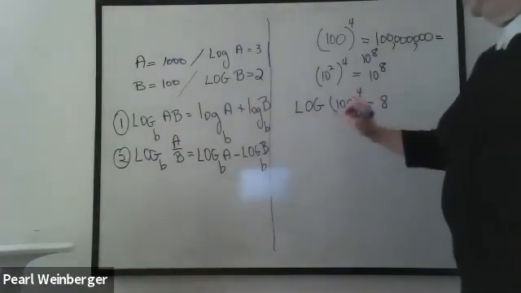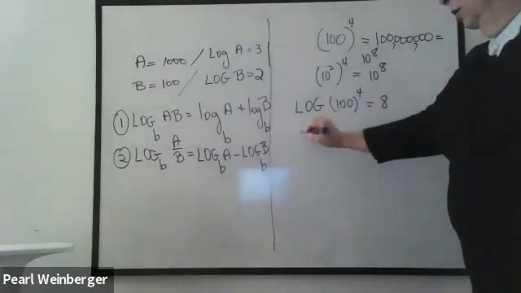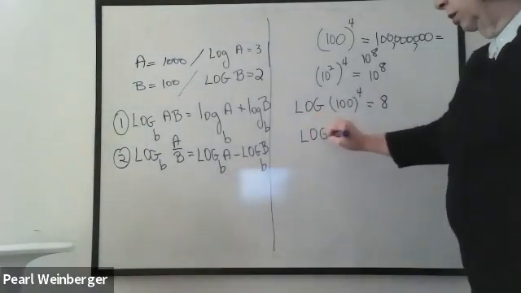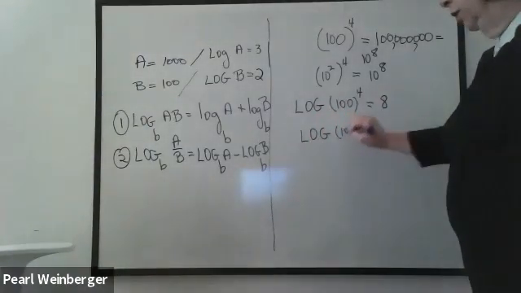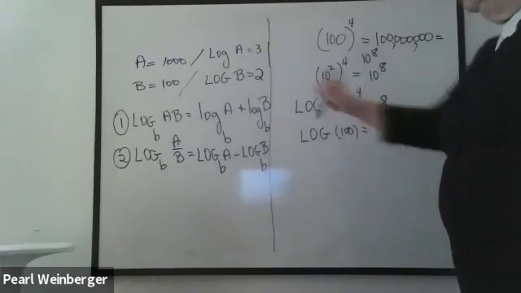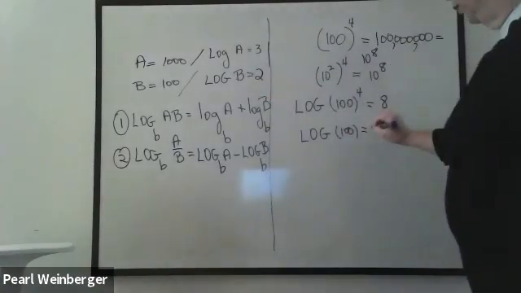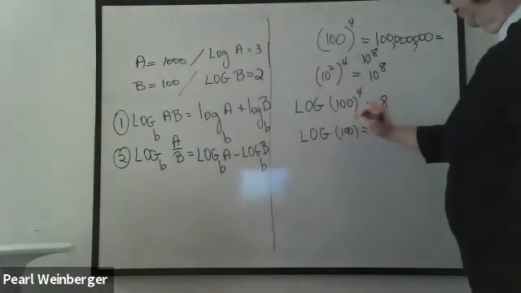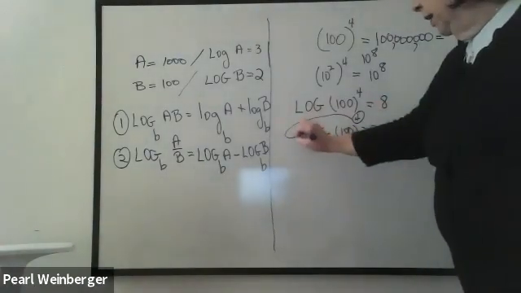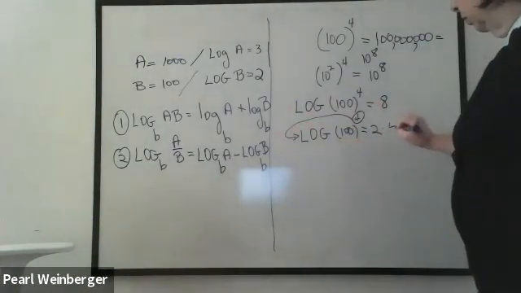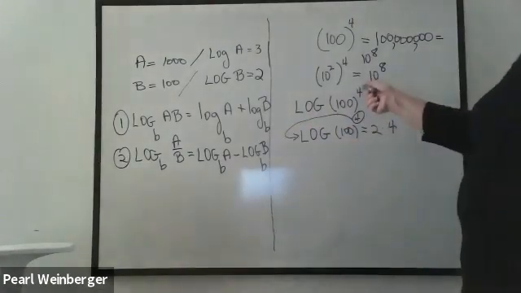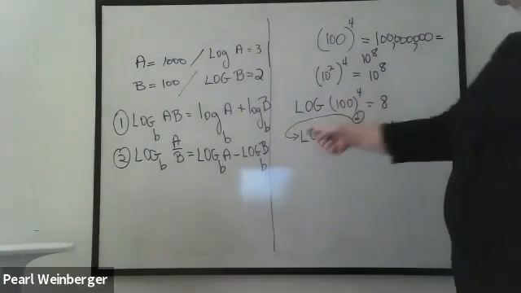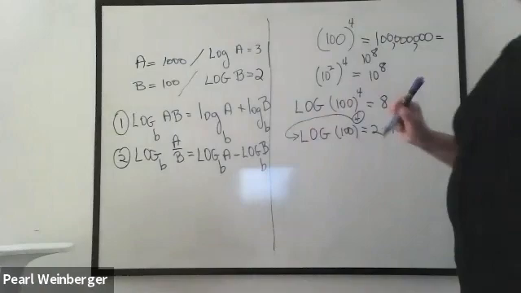How do we get it? We took the log of 100, which we know is equal to 2, and we multiplied it by, we took the 4 over here and multiplied it. We take the new exponent and multiply it by the log.